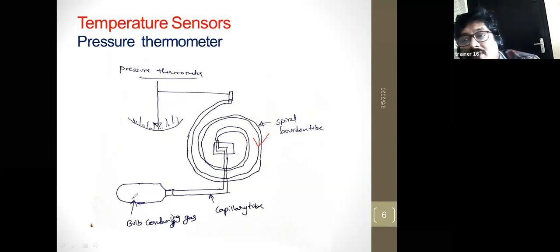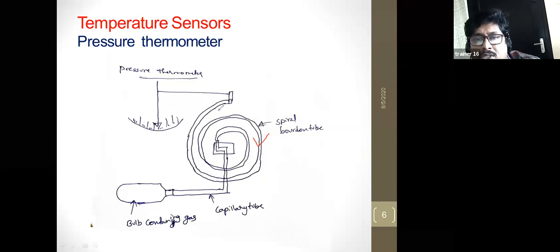That means previously we measured the pressure, right? So we can go for a calibration. In this particular apparatus we are measuring temperature, while in the Bourdon tube pressure gauge we are measuring the pressure. Here the bulb contains gas having some pressure, so due to that pressure, this Bourdon tube expands or contracts.